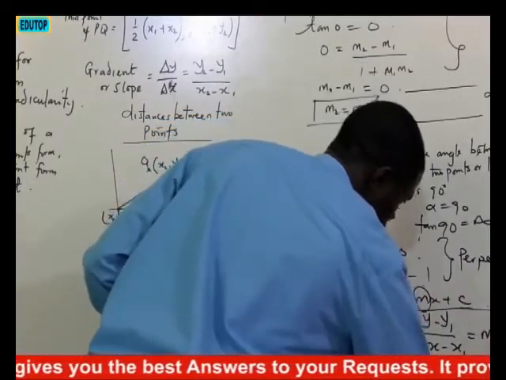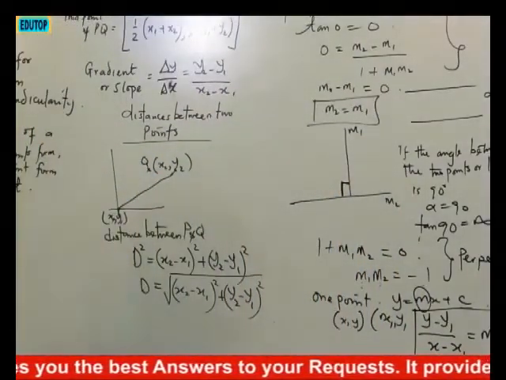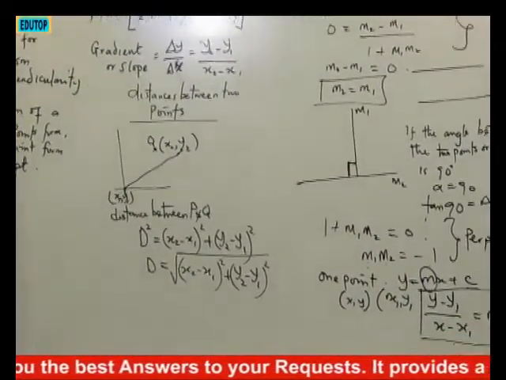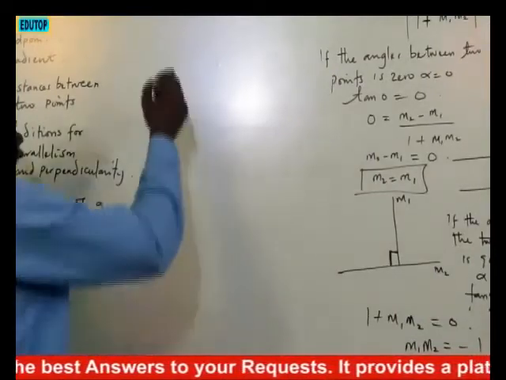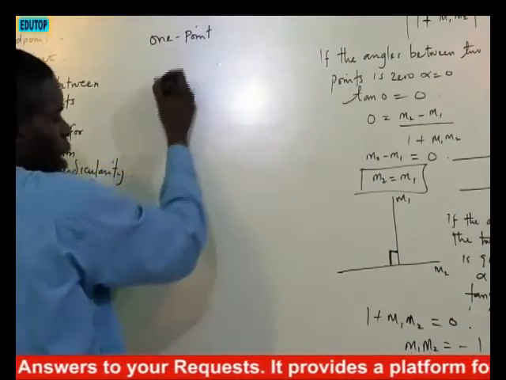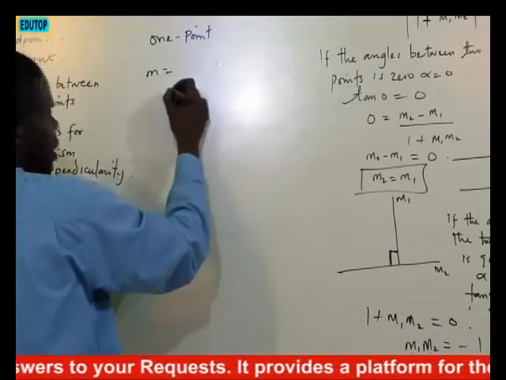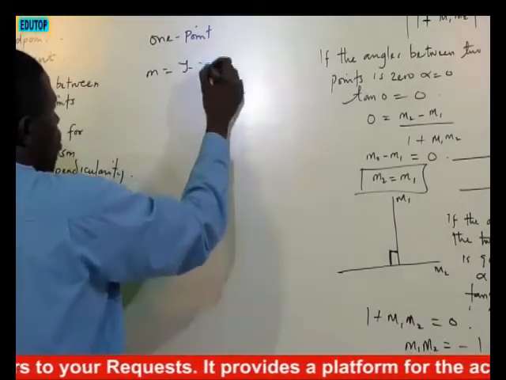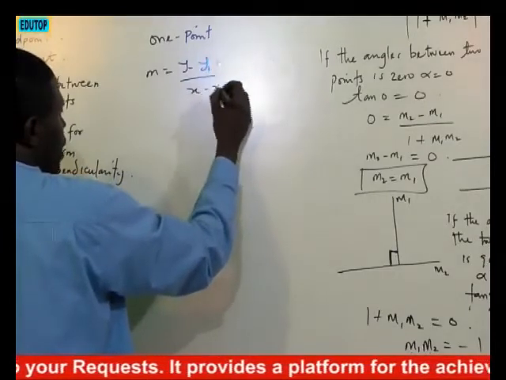Take note of this for one point. So this is the gradient of the one-point form, which has been established earlier. So the gradient equals y minus y1 over x minus x1.